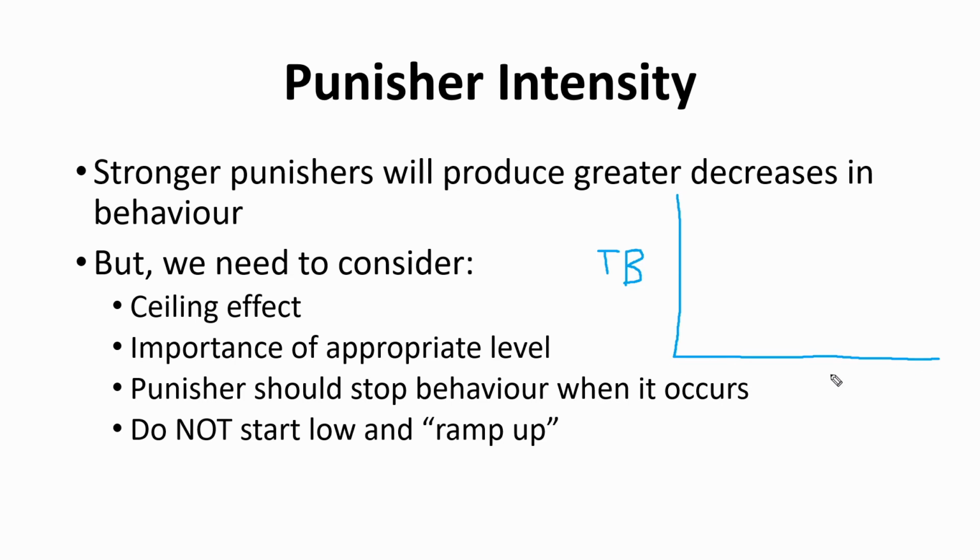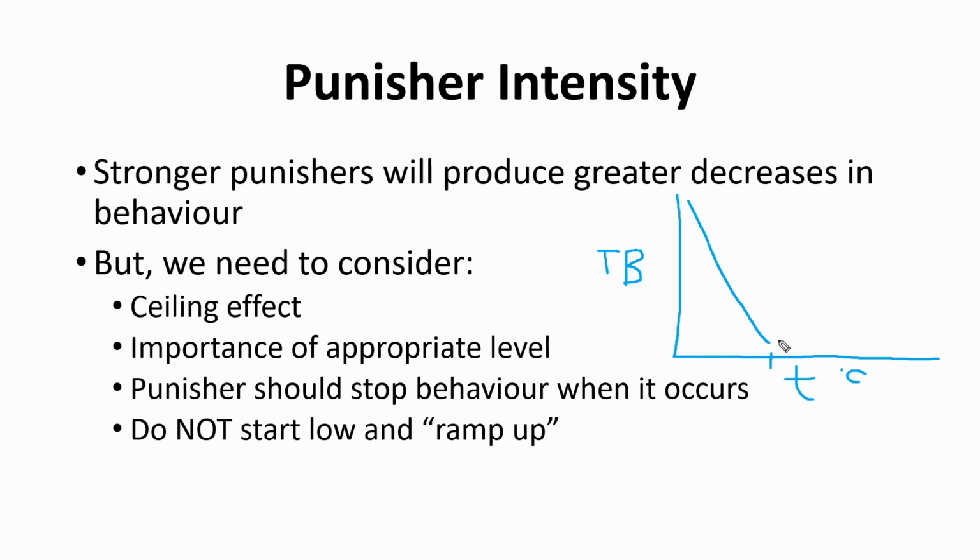And then along this axis, let's have our temperature. So temperature, I'm just going to put degrees Celsius so we know that this T is different than that T. Okay, so as our temperature goes up, we're going to see less and less touching behavior. So the child will learn very quickly that touching that pot gets very, very hot. And so at a certain point, probably right where it starts to become painful, the child will stop touching that pot.